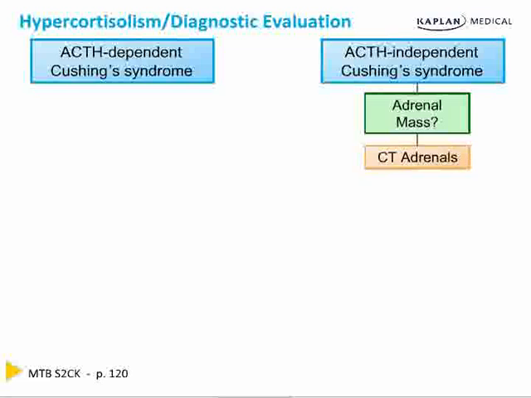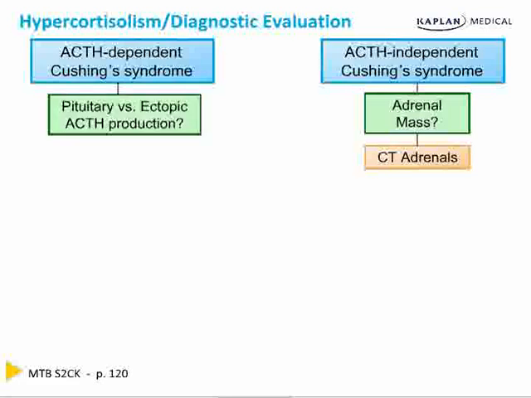You'd start with a CT scan of the adrenals after you see that the person has hypercortisolism and a low ACTH. Hypercortisolism, such as an increased level on a 24-hour urine cortisol, plus a low ACTH level equals scan the adrenal. Low ACTH equals scan the adrenals.